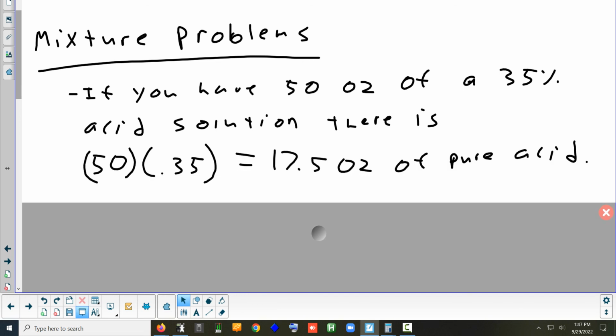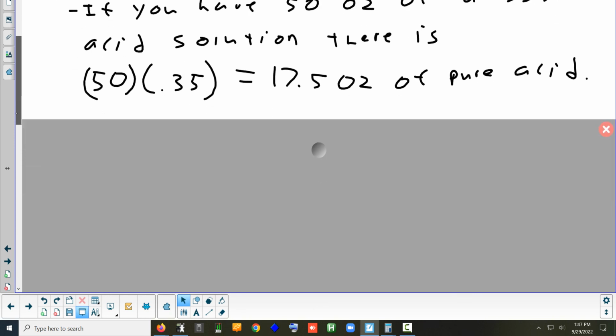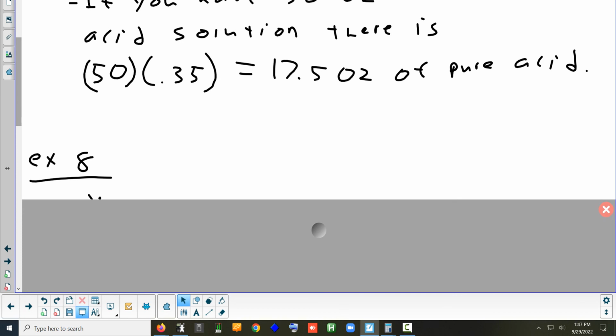Multiply 50 times 0.35. So that would mean out of the 50 ounces sitting in the container in front of you, 17.5 of it is actually acid. It's the acid in the solution. That's important to know how to do for our problem. And that's going to bring us to our last example.